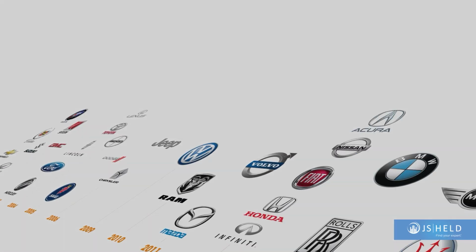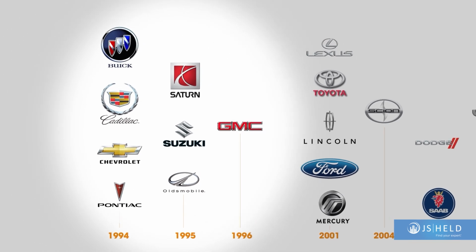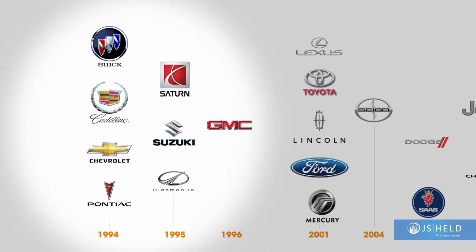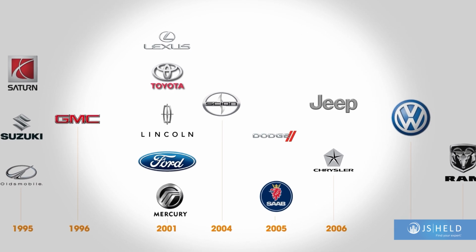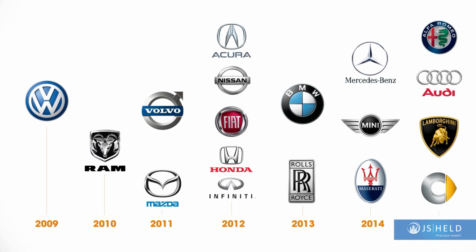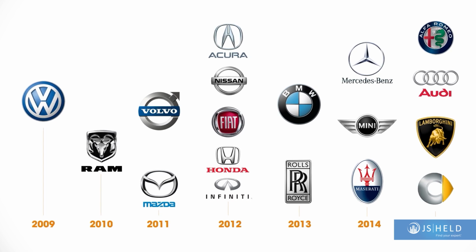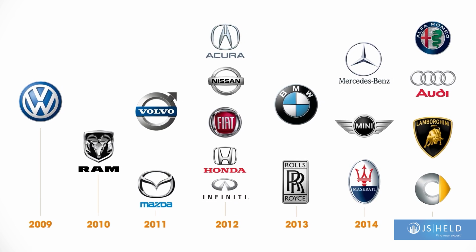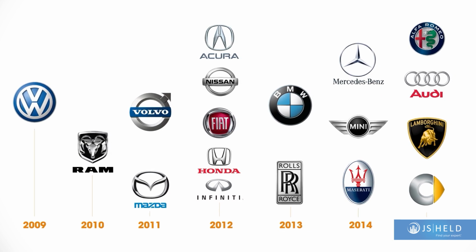As you can see in the image, GM really led the way in the mid-90s. Fast forward a few years to the early to mid-2000s, and the other American manufacturers, as well as Toyota, came on board. Then in 2010, you see this huge push of all the other manufacturers coming on board, including Mazda, BMW, Mercedes, Audi, Honda, and others.